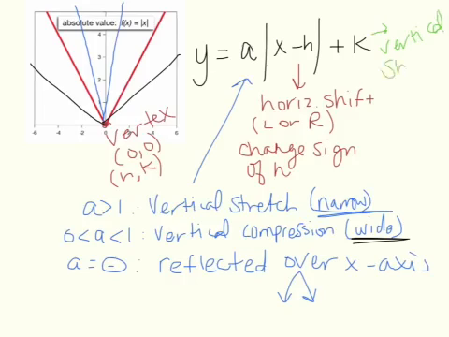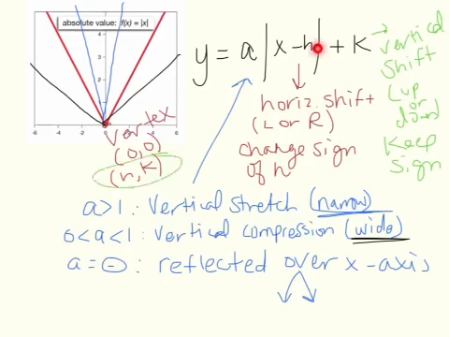So it tells me how it moves up or down on that y-axis. And for k, we're going to keep the sign. Keep the sign of the k. And again, that vertex is going to come from our h and our k. That's going to be the starting point, that vertex part of our absolute value graph.